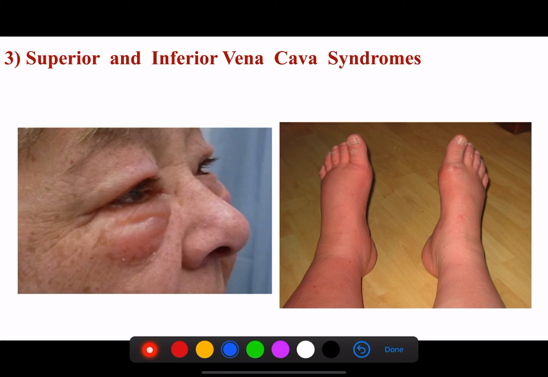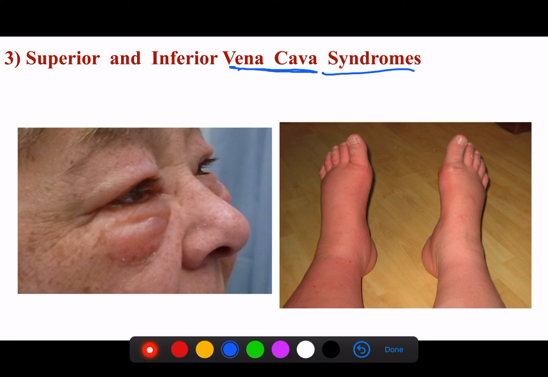There are another two important topics, or phenomena, or syndromes within a vein: the superior and inferior vena cava syndrome. The vena cava, as we know, transfers the blood to the heart.